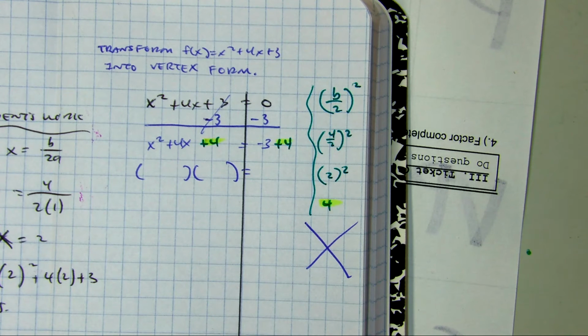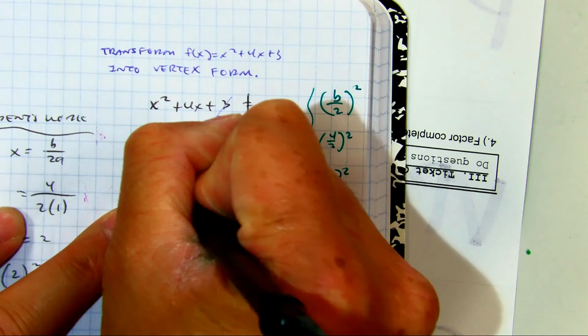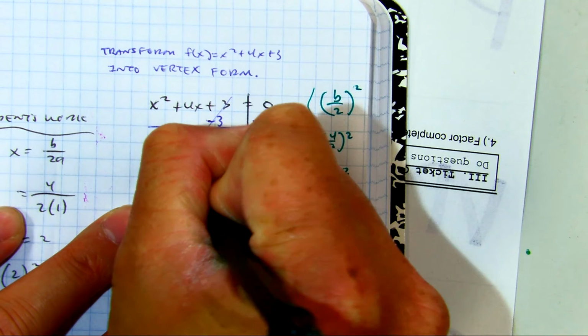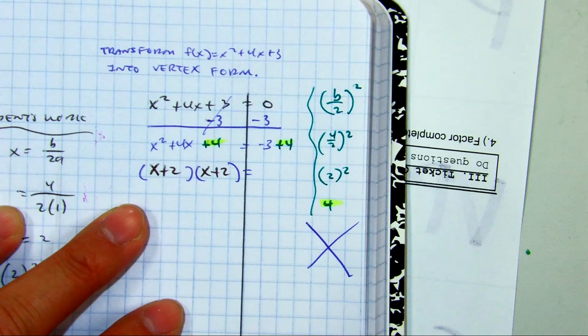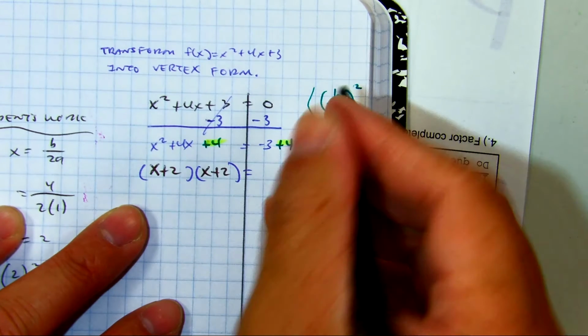Tell your partner your answers. Christian, what goes in there? X plus 2, X plus 2. And Christian, negative 3 plus 4.